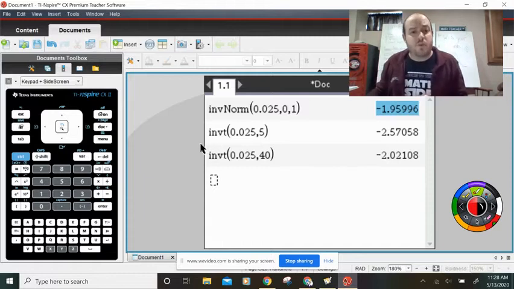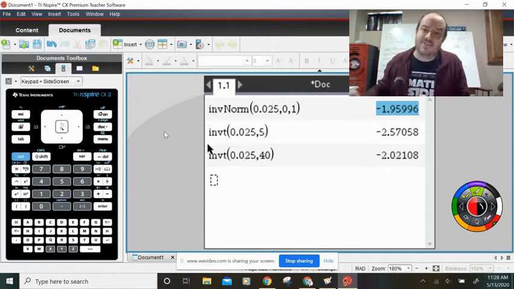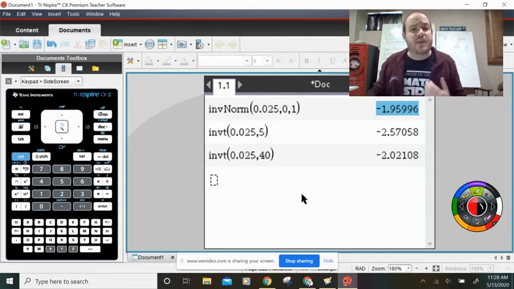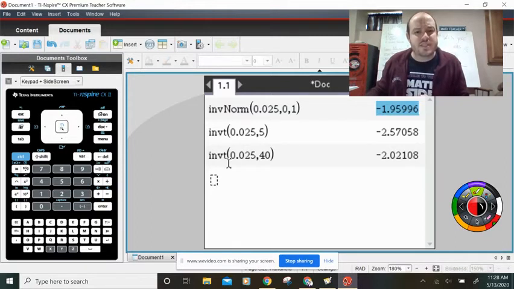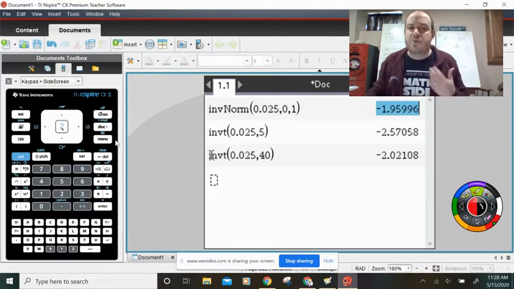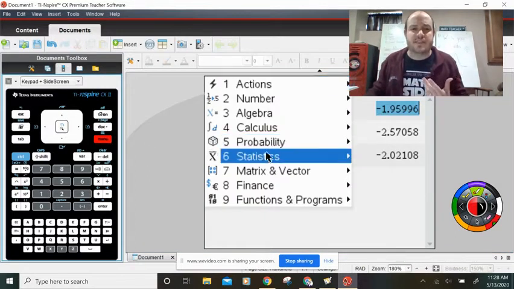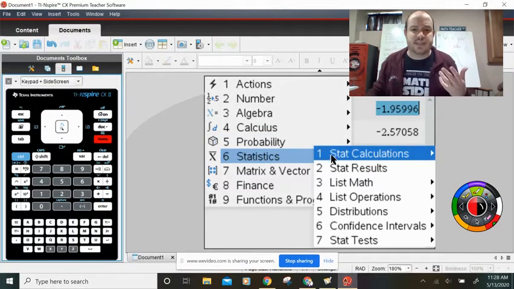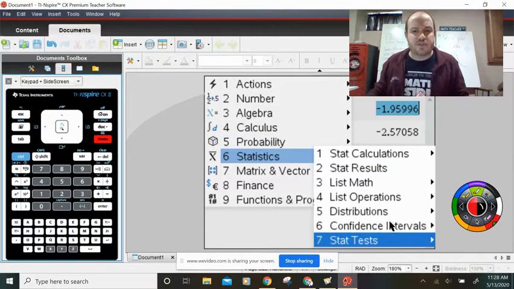Now, just like before, a lot of times we're not going to have to do this by hand unless they ask for us to do so specifically. So if they ask for a critical value or a T star, Z star, that's where you use this inverse stuff. But for the most part, when we're doing our confidence intervals or our hypothesis testing, we can just go to these two options right here.